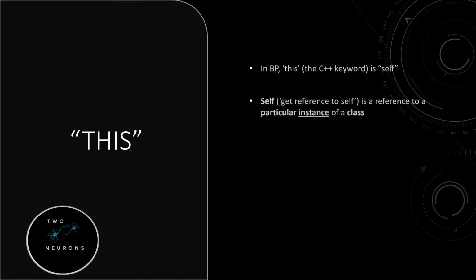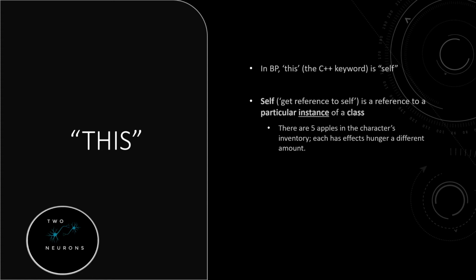One is called car A and the other one car B. If I get into car A and say this car, I am referring to car A. If I get into car B and I say this car, I'm referring to car B. So it's that particular instance, that particular version of that object in the world. Another way to think about this would be, let's say we have 5 apples.